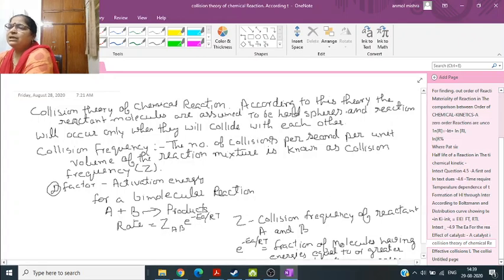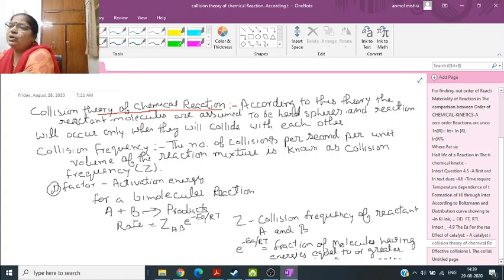Now the last topic of the chapter is collision theory. Suppose you have taken a complete full jar with a number of molecules present in it. It is not necessary that all the molecules which are colliding with each other will turn into product.